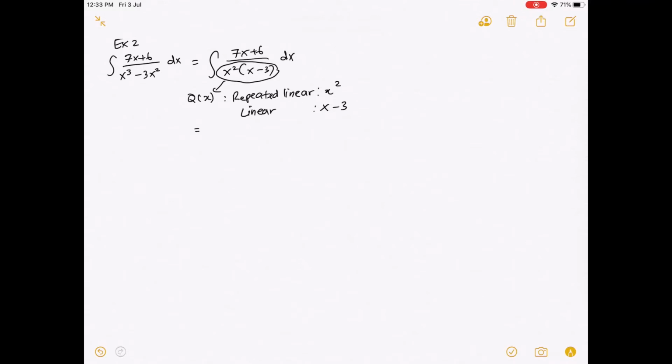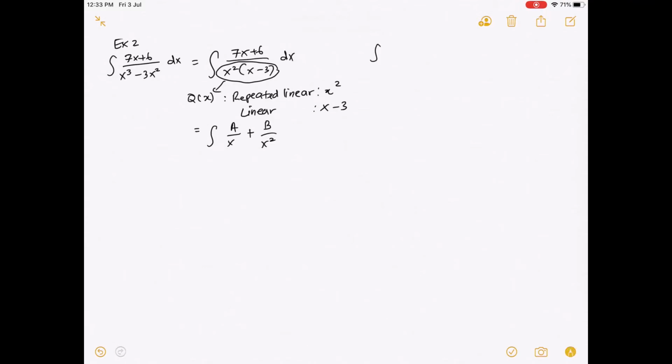So I will have A over x plus B over x squared, because it is repeated. Every time you have a repeated linear factor, you have to repeat the partial fractions.